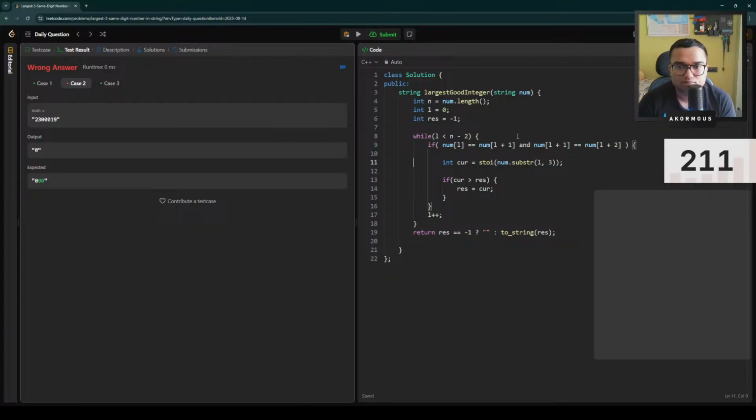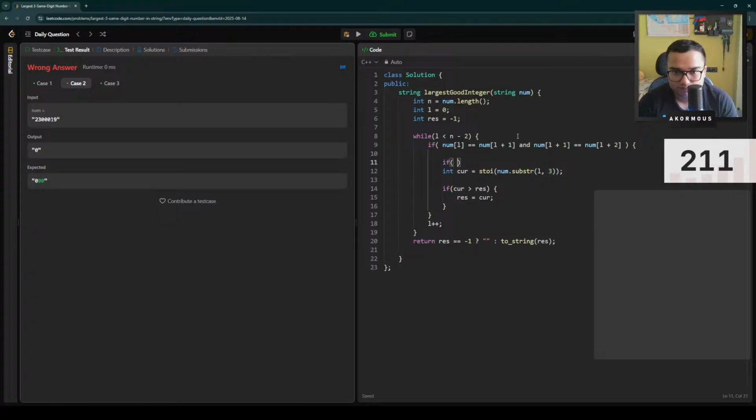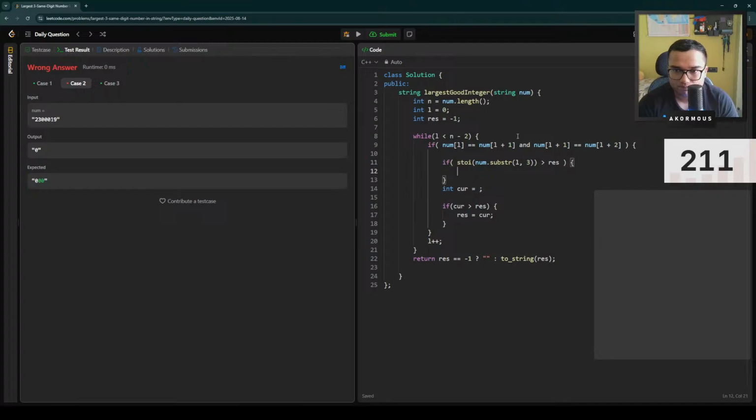If this is greater than res, then... I have to keep it as a string, right?